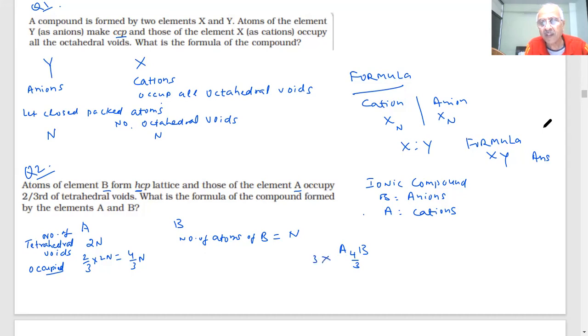If you multiply by 3, what will happen? A becomes 3 into 4/3 and B becomes 3. This gets cancelled. What will be the formula? A4B3. So the answer will be A4B3. Any doubt? No, sir. Okay.